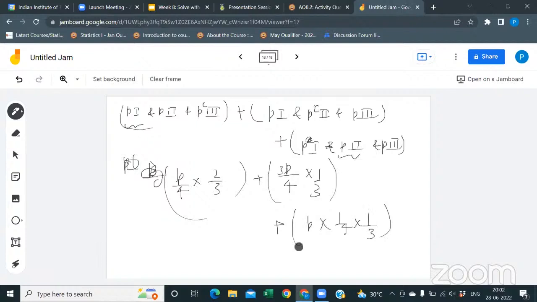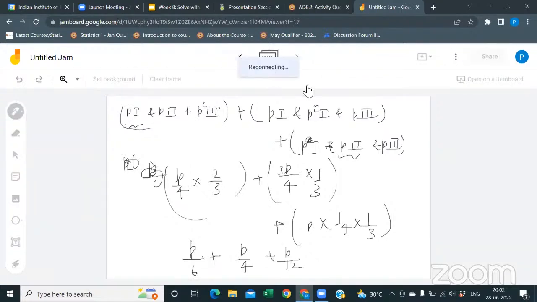So 2P by 12 plus 3P by 12 plus P by 12, total is 6P by 12, which is P by 2.